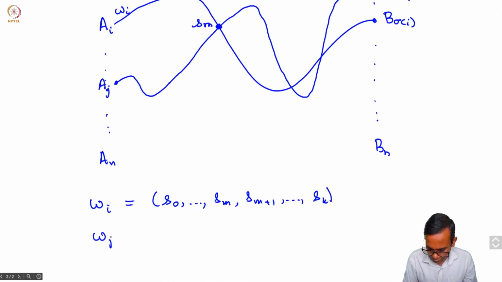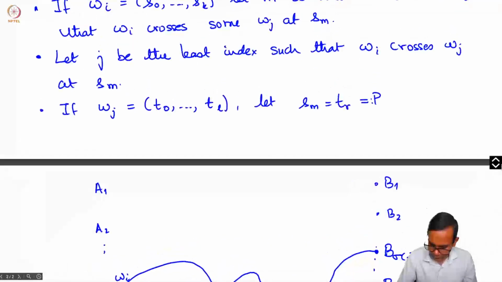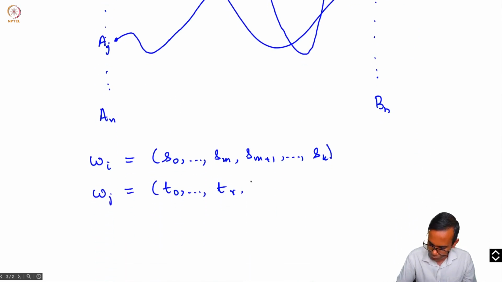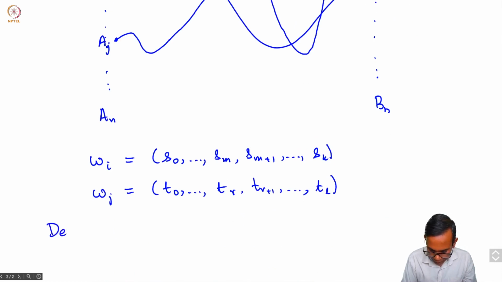And we have omega j to be T0 up to TR, and TR plus 1 up to TL.